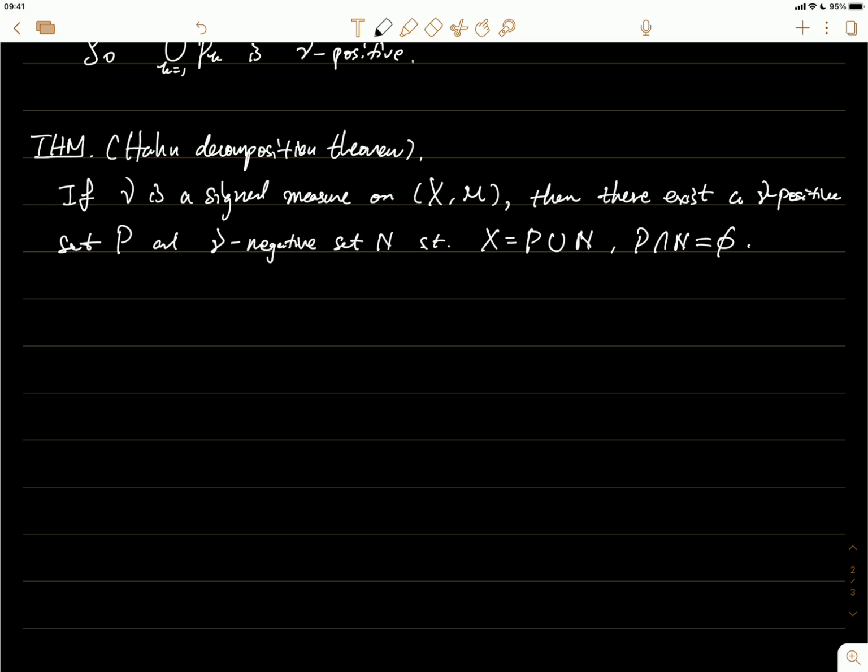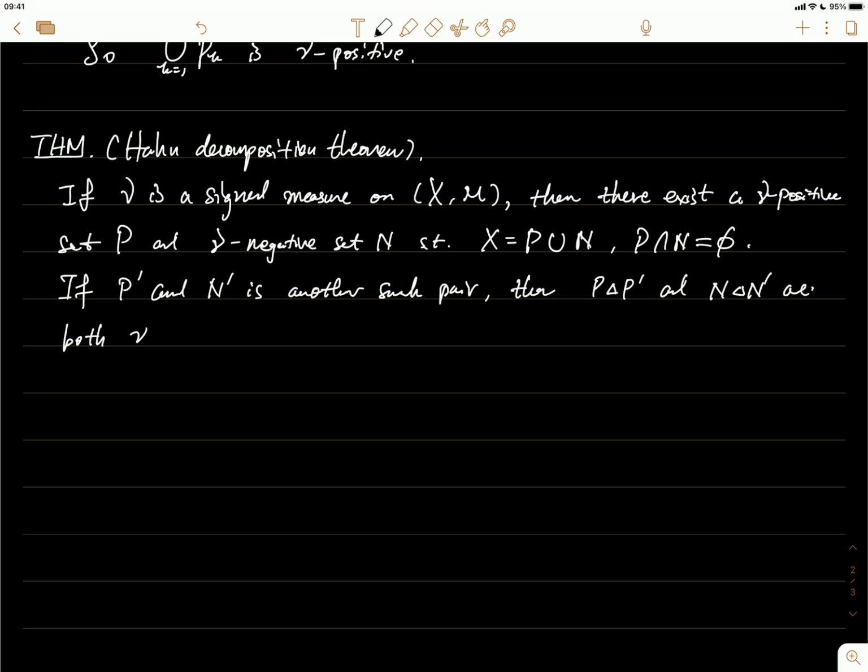And also, if we have another choice for this decomposition, so suppose P prime and N prime is another such pair, then this kind of unique partition means that the symmetric difference of P and P prime is nu null.